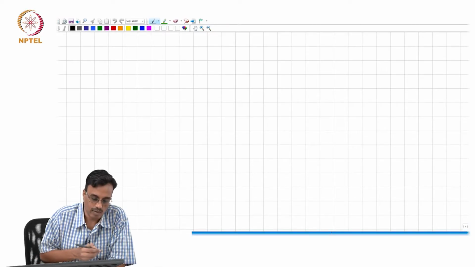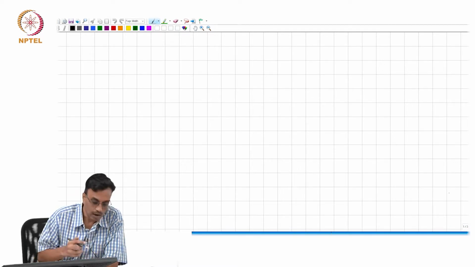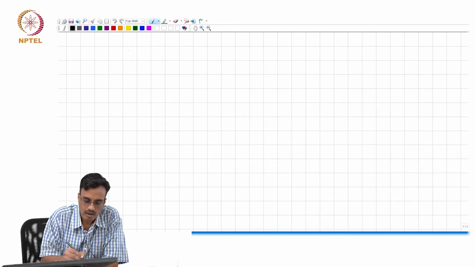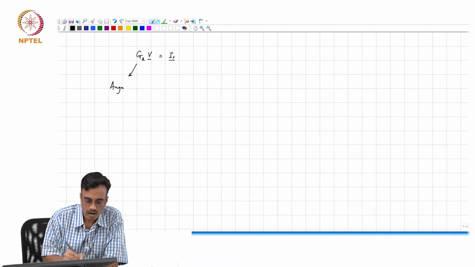In the last class, we were looking at how to write the equations of a network in a systematic way, and we concluded that in general you will get equations of the form G sub A times V equals I s, where this is the augmented conductance matrix and this is the vector of unknowns.